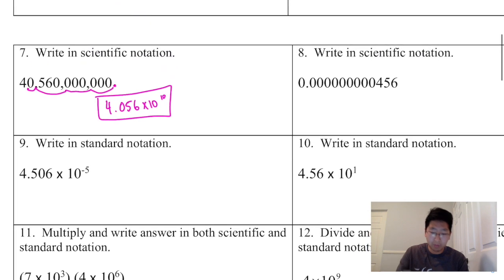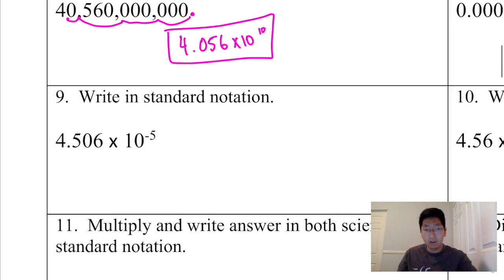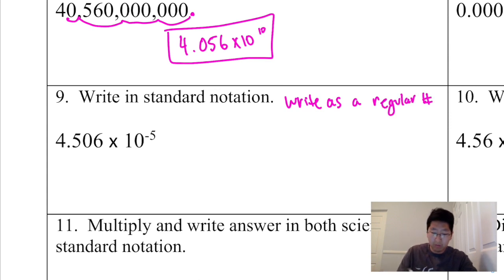Next problem. Now, right here it says write in standard notation, which means write it as a regular number. So, okay, we have this number, 4.506 times 10 to the negative 5th.